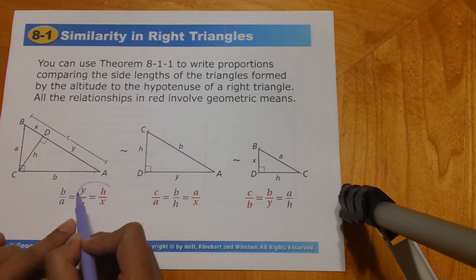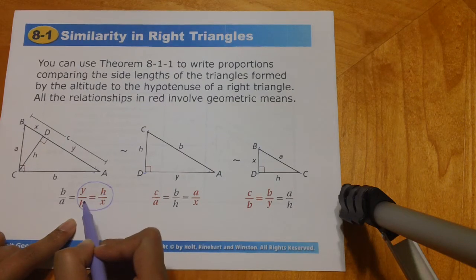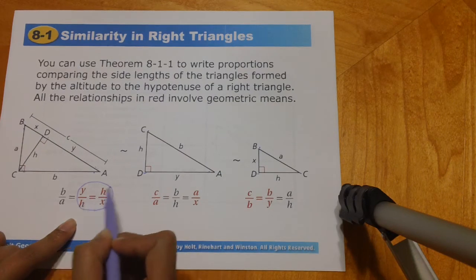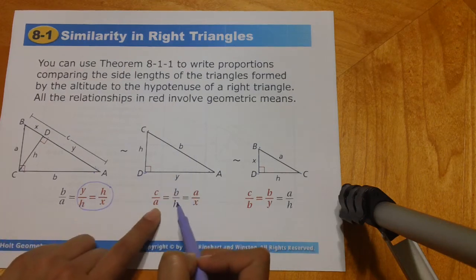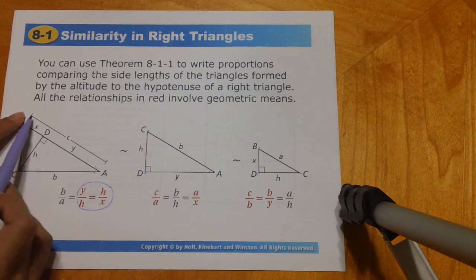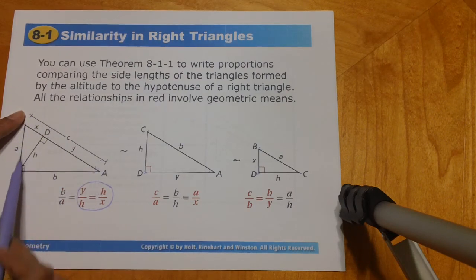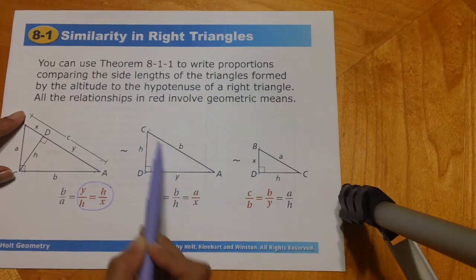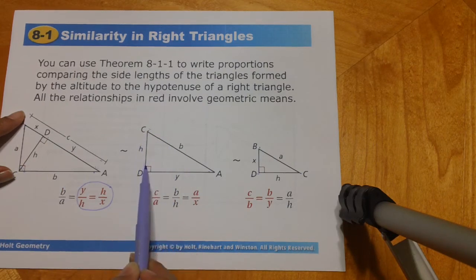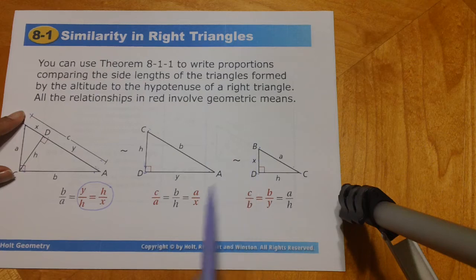And then if you'll notice here, you have your geometric mean because I have two of the same number. This one here has c, the hypotenuse, over a, this vertical leg, which is equal to b over h, which is equal to a over x, right there.